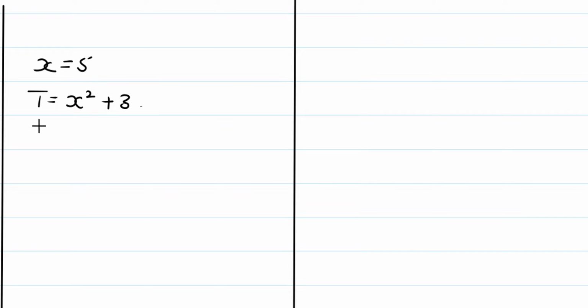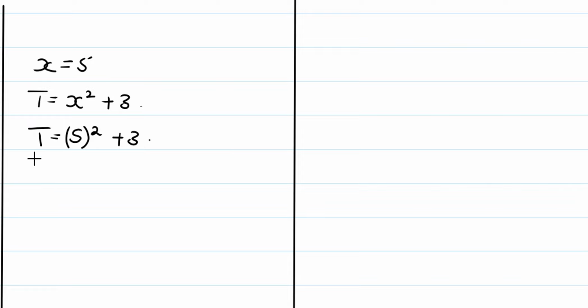So in this case, it will be t is equal to, you see, we have this x, which is 5, but now it will be 5 squared because x here is squared, then plus 3. This 3 here.